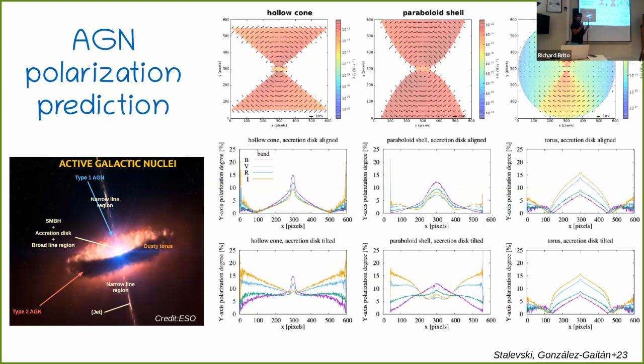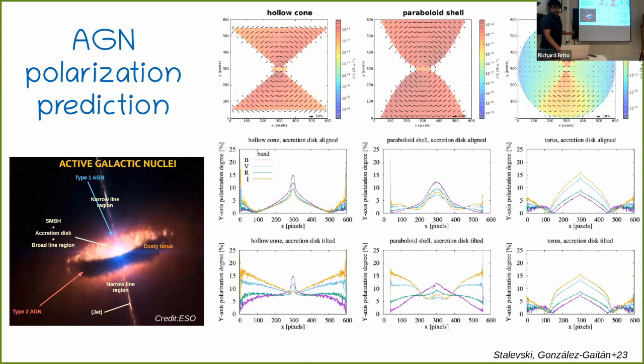The longer the line, the higher the polarization, and the angle of the polarization is indicated by the orientation of those lines. You can see that the prediction is different for different cases. You can see that even more clearly if you integrate through the y direction. This is the integration in the y direction for 4 different filters, or 4 different wavelengths, and you see that there is a clear prediction of the polarimetry being different for these 3 dusty structures.